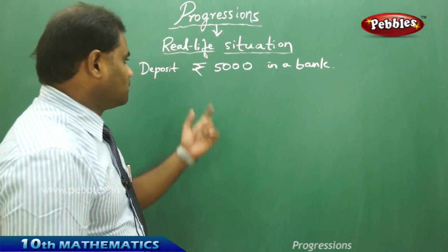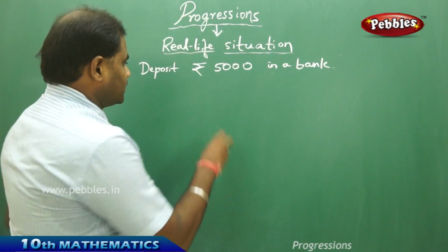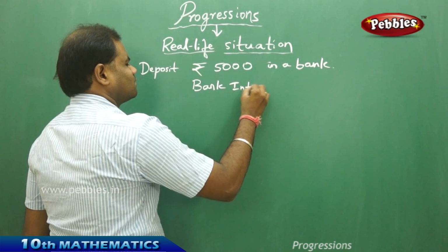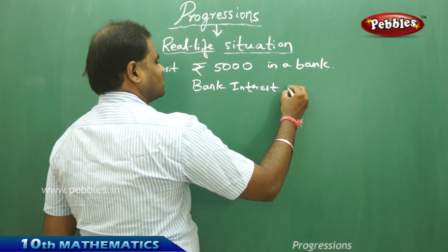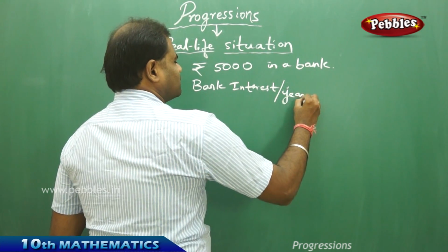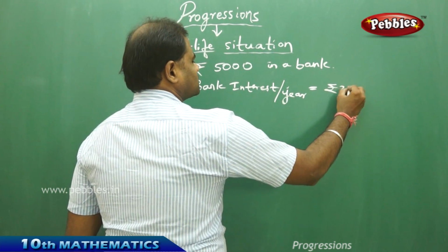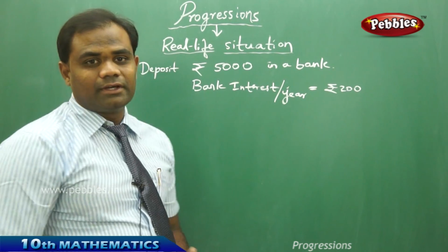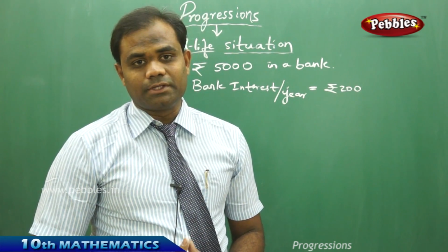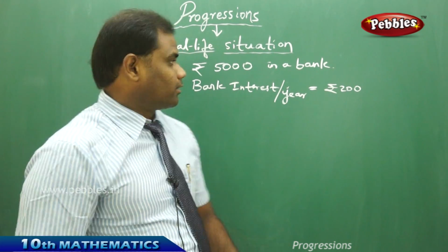Say for example, for the amount of 5,000, the bank interest per year is rupees 200.